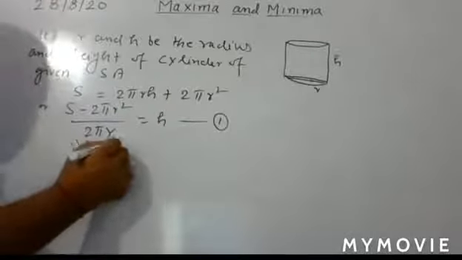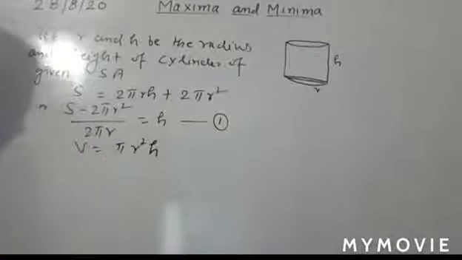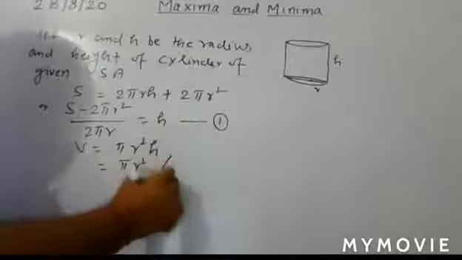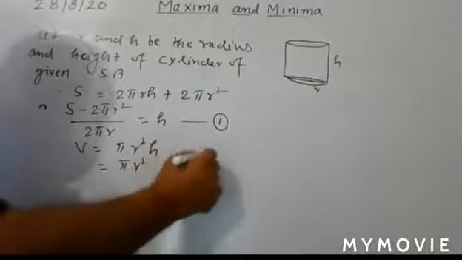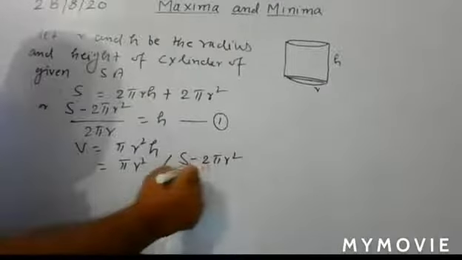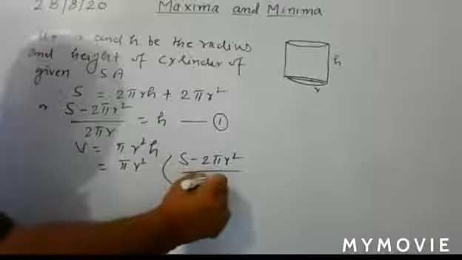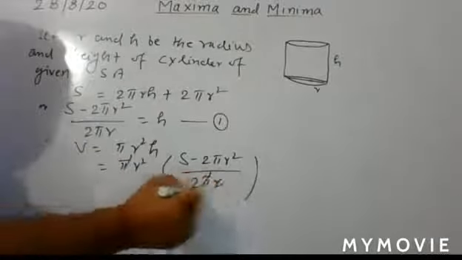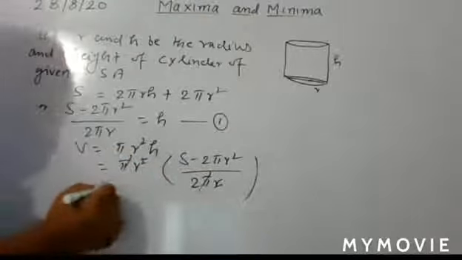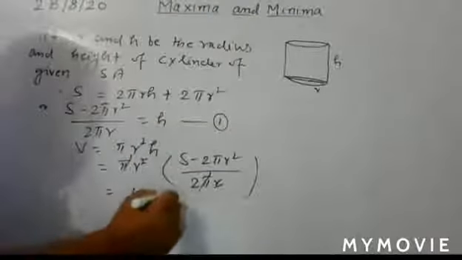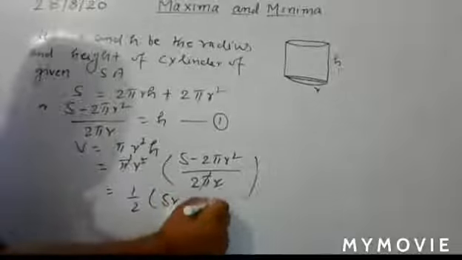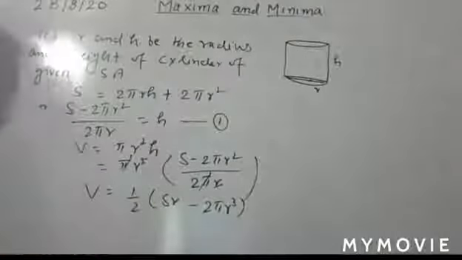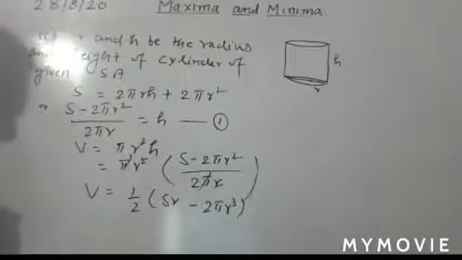So volume is equal to pi R square H. Now putting the value of H from the first equation, you have pi R square into S minus 2 pi R square divided by 2 pi R. Pi and pi cancel out, one power of R cancels out, and here you have 1 upon 2 into SR minus 2 pi R cube. That gives the volume of the closed cylinder.